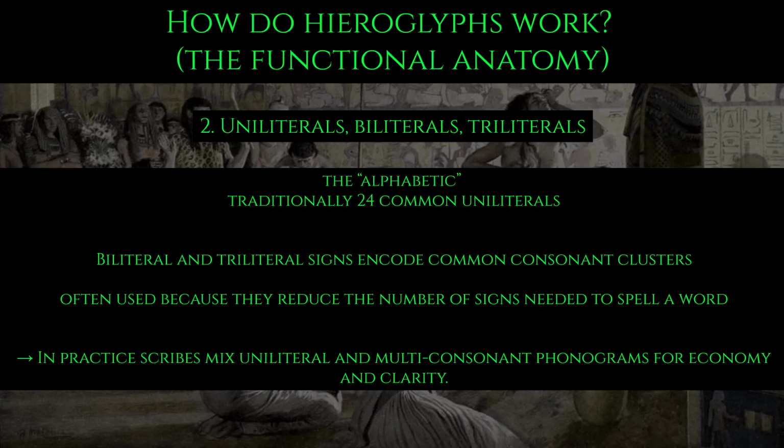And then, biliteral and triliteral signs encode common consonant clusters, and are often used because they reduce the number of signs needed to spell a word, which comes pretty handy when you have to carve all of the signs into stone. But in practice, scribes mix uniliteral and multi-consonant phonograms for economy and clarity.